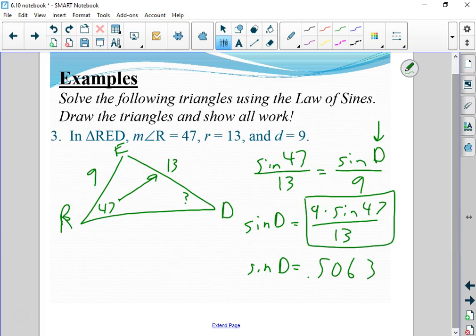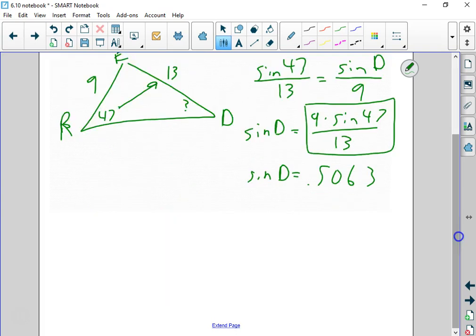It goes on, but that's enough. Now, going back to what we've already learned, we're just going to solve for the missing angle. We have the decimal, or sometimes it's given as a fraction. We're trying to find the inverse. So we type in our calculator inverse sine of 0.5063 to find this angle, and we get 30.6.